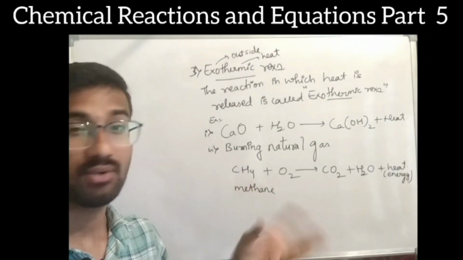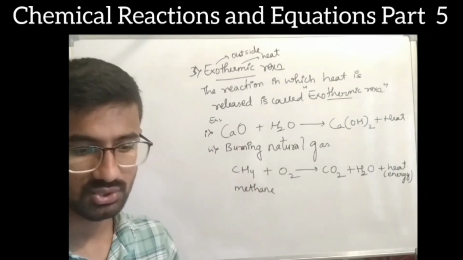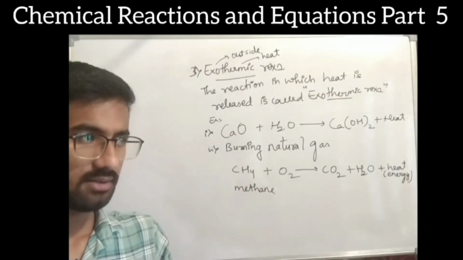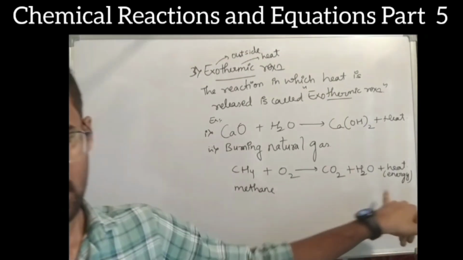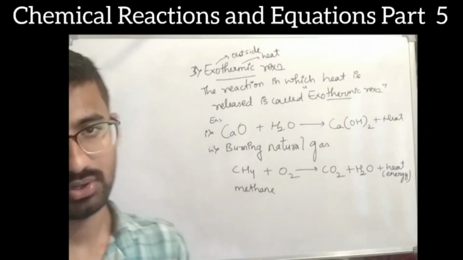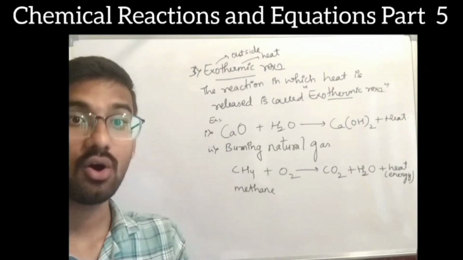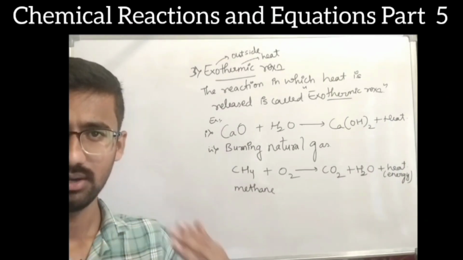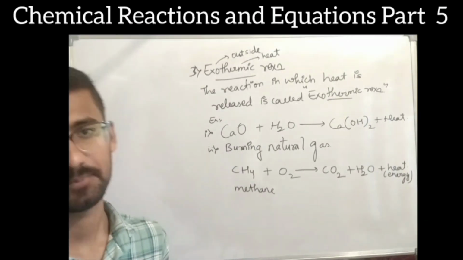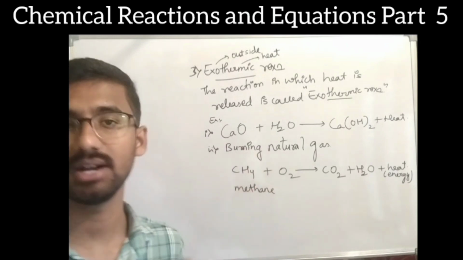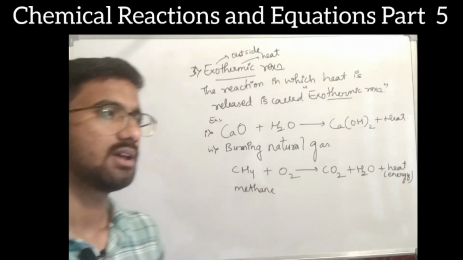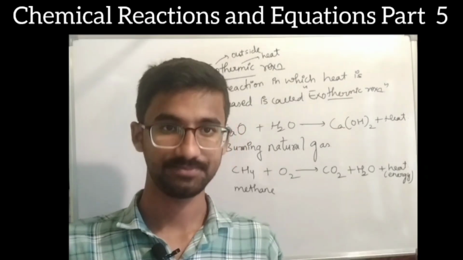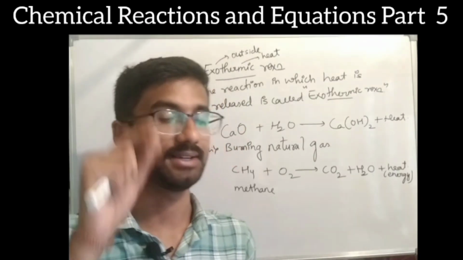And also we have respiration too. C6H12O6, glucose, when reacted with oxygen, gives carbon dioxide, again water, and energy. This is called respiration. Some heat is liberated out. You know that our body gives off radiation in the form of heat.